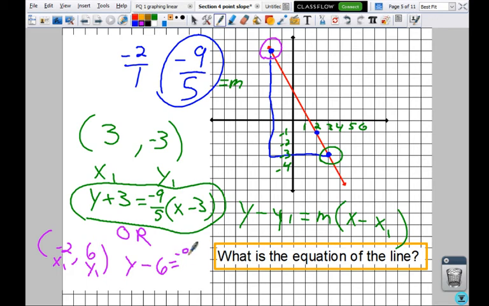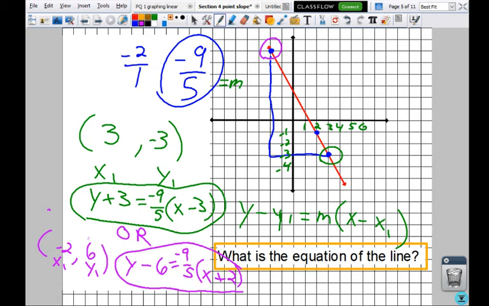We go -9/5, and then parentheses, x, and instead of minus -2, I'm going to go +2. I could have also gotten this for an answer. That's fine. No biggie. Because that's just kind of how point slope works. There are a lot of answers. Y equals mx plus b, there's one answer. Point slope, there's a bunch.